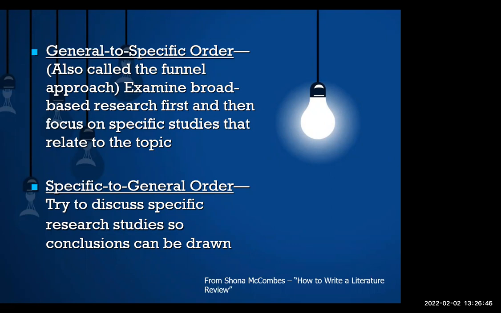So any of these structures you can use for your lit review outline. But remember, your lit review is for your use only. So you're using this information to organize your ideas and keep it all in one place so that you can refer back to it when you're explaining your focus about your topic.